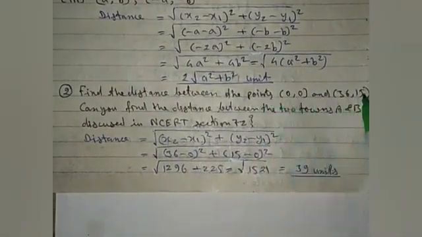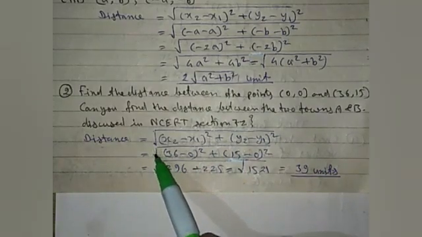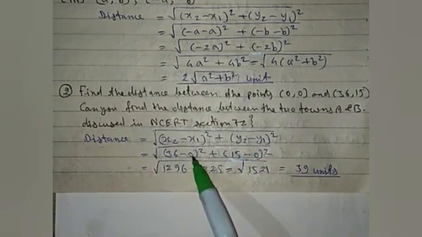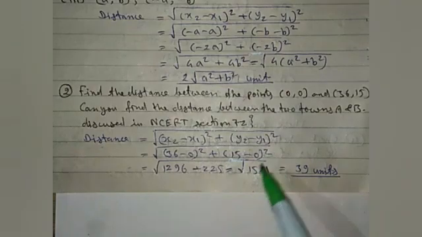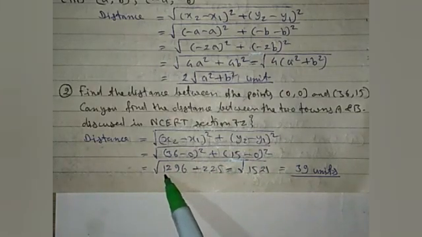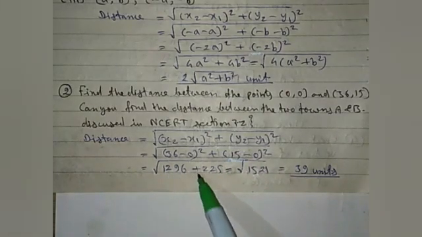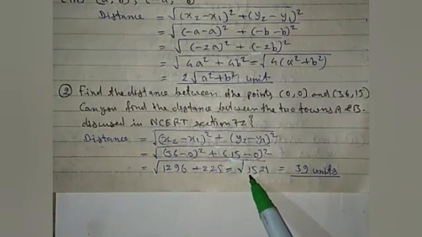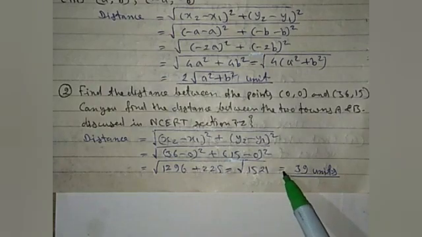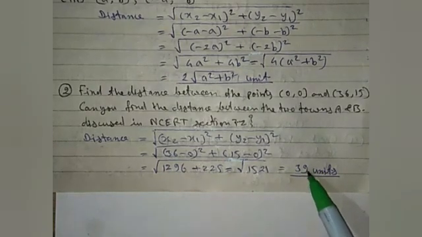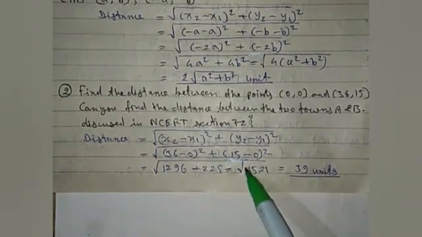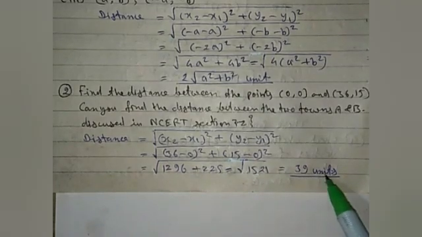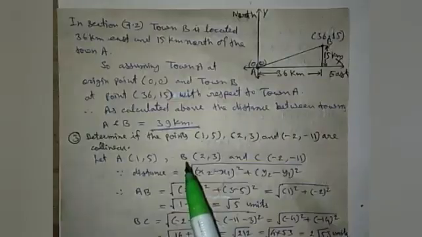So here substituting the values, we get under root (36 minus 0) whole square plus (15 minus 0) whole square, that is equal to under root 1296 plus 225, that is equal to under root 1521, which is equal to 39 units. Square root of 1521 is 39. So it is equal to 39 units.